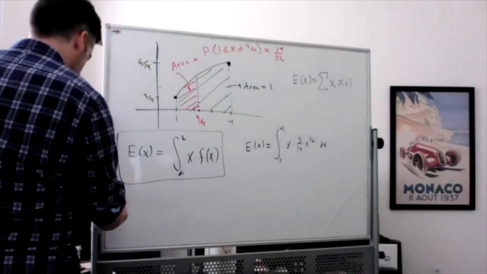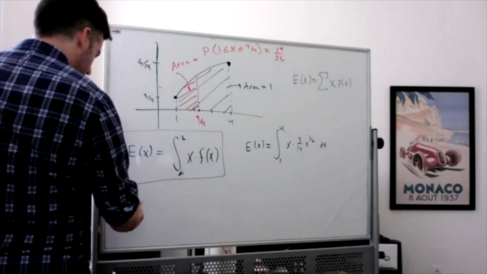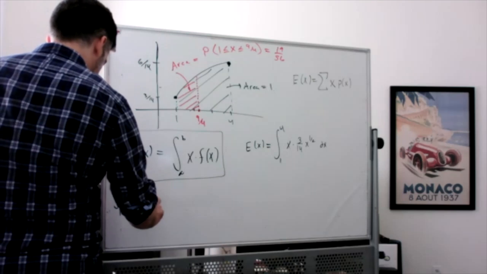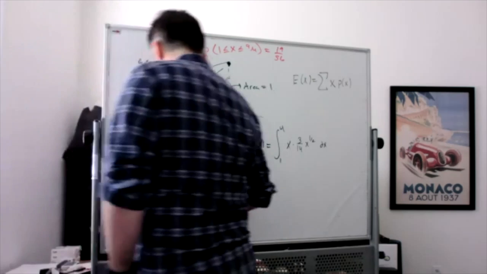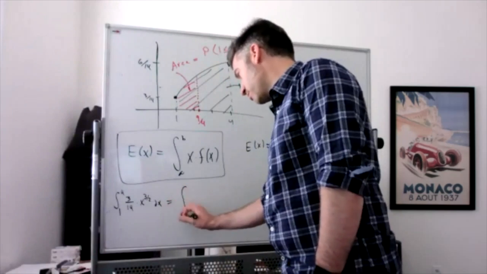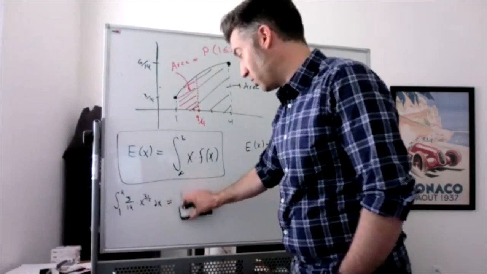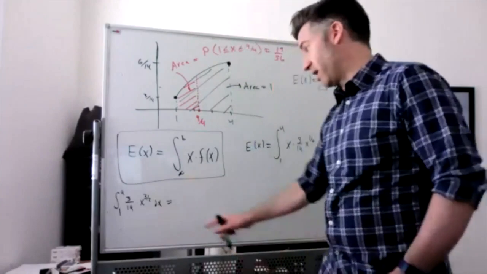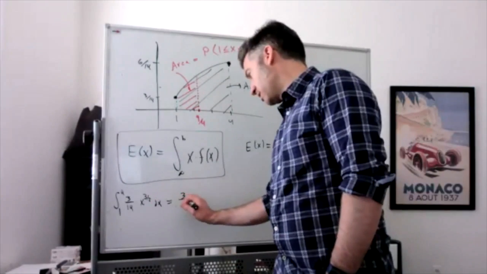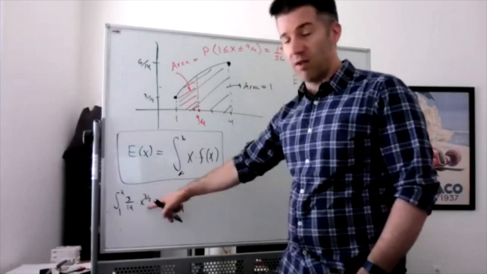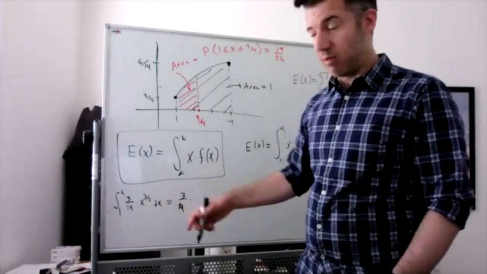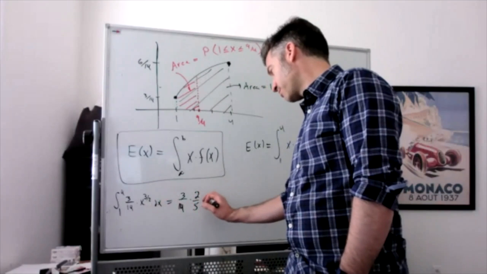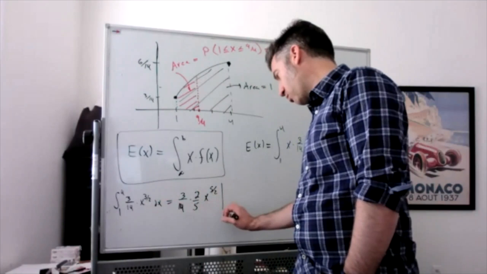So we have the integral from 1 to 4 of 3/14 times x to the 3/2 dx. We're going to integrate that, which means you don't need the integral symbol anymore. So if we anti-differentiate this, we get 3/14 times the integral of x to the 3/2, which is x to the 5/2 divided by 5/2, or x to the 5/2 times 2/5, from 1 to 4.